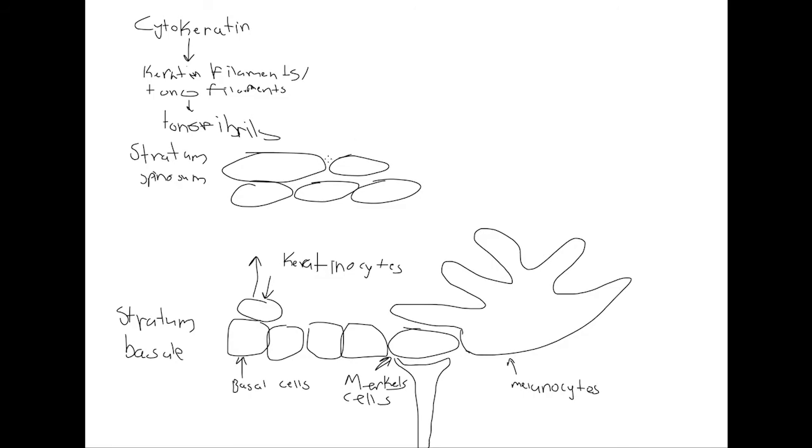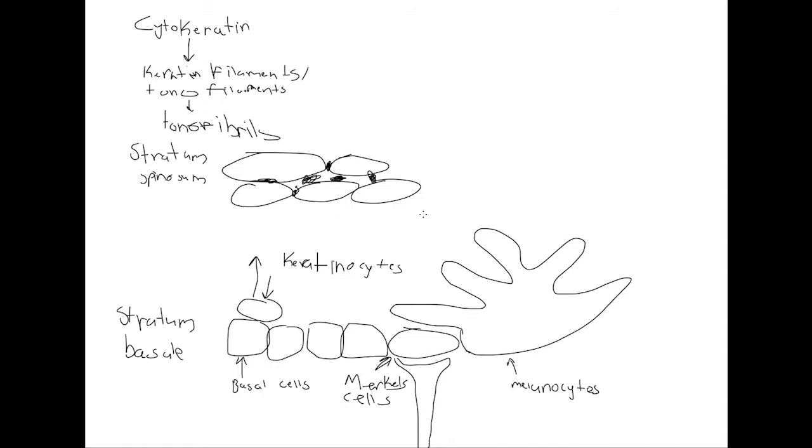And desmosomes are actually important in maintaining the structure. So in the stratum spinosum, you'll see that there will be little desmosomes between all of these cells, all of these keratinocytes.